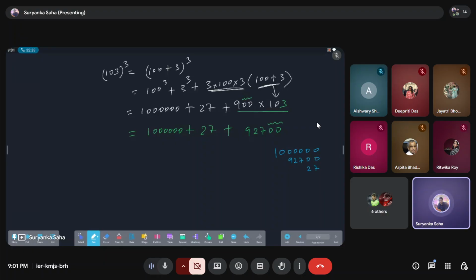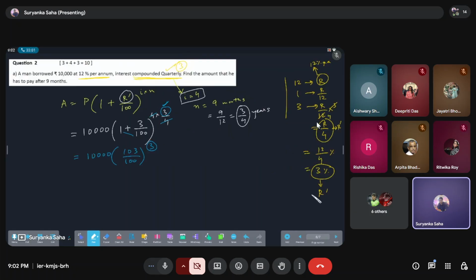Nothing you have to do, so it is 1092727. Understood? It's 1092727, so it's basically the value of 103 cube.